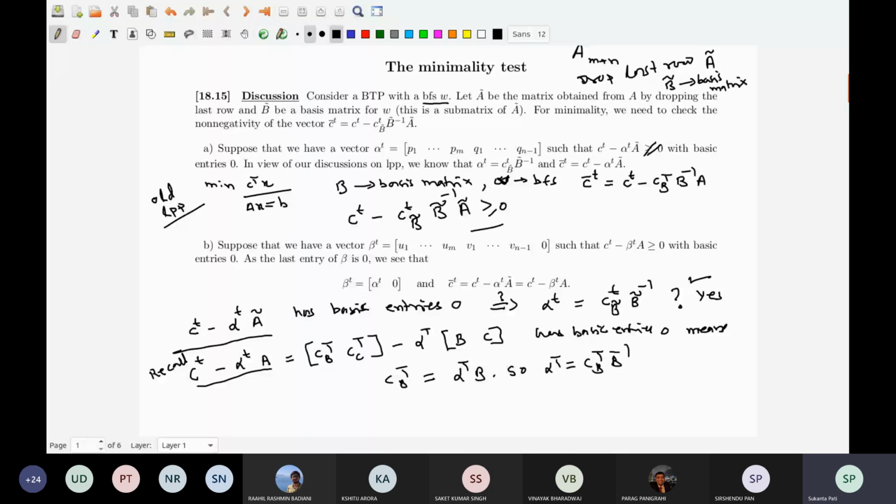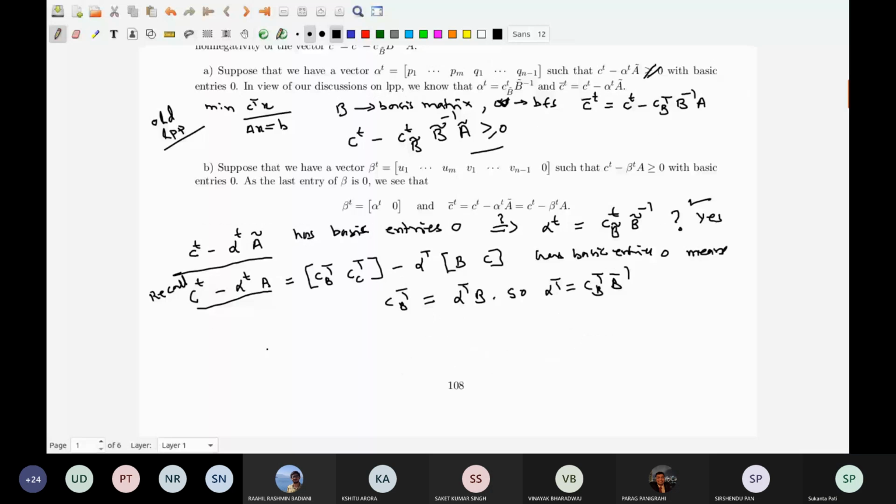If you extend the alpha transpose vector by one more entry 0, and extend A tilde to A, you include the last row and the last row gets multiplied by 0. This is the same thing. C transpose minus alpha transpose A tilde is the same as this one.